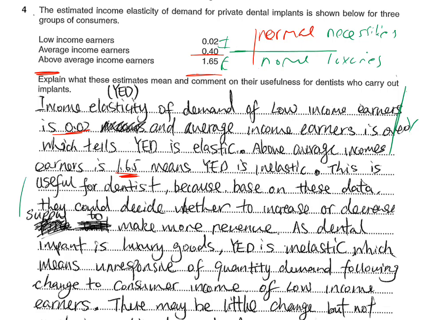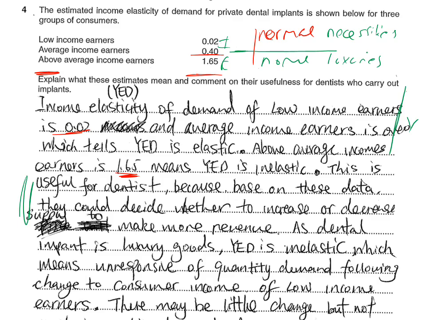Now this analysis is correct, but what we'd want to look at, so we know that dental implants are a luxury good, but just a luxury good for above average income earners.